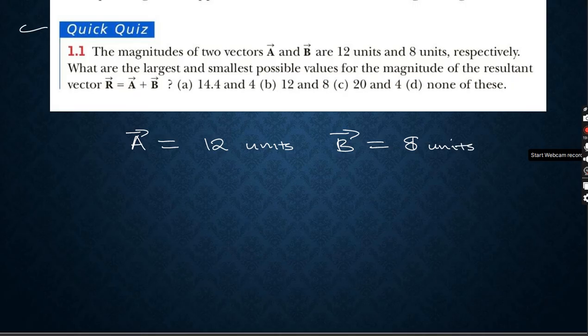So how can you find the largest vector now? The largest possible value of the vector will be found by adding the two. That's how we find the largest vector. So the largest value of vector R will be found by adding 12 plus 8, and you are going to get 20 units there.